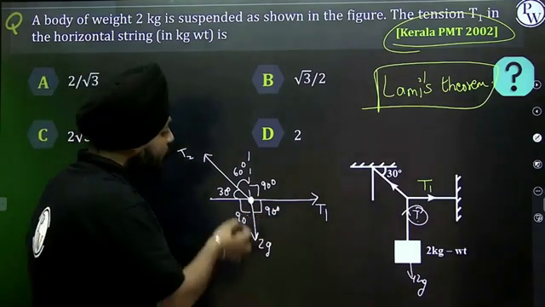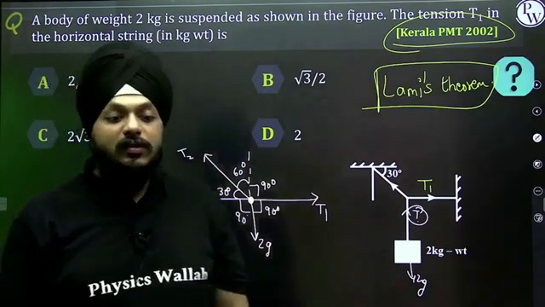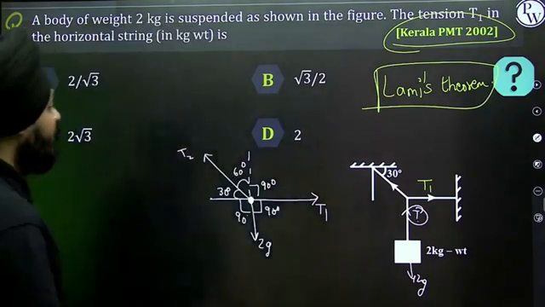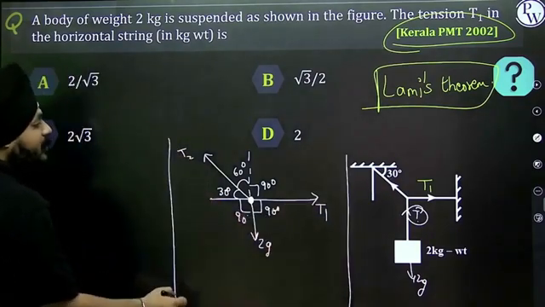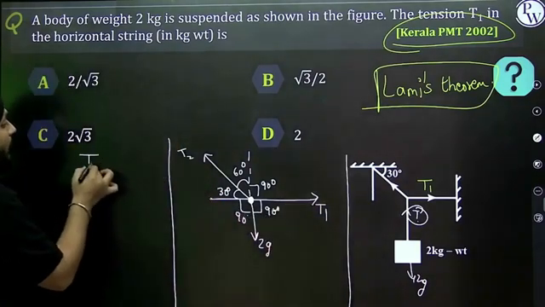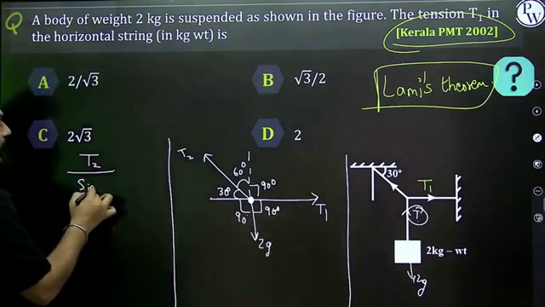The system is in equilibrium, and at the junction three forces are there: 2G, T1 and T2. Directly we are going to apply Lami's theorem. If I am writing T2, the angle between the other forces is sine of 90.